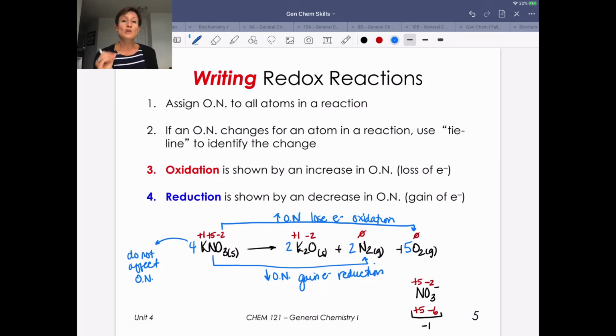Usually when you're identifying who's being oxidized or reduced, you're identifying a specific element. So if we wanted to answer questions here, we'd say that oxygen is being oxidized, which means it's the reducing agent, and then nitrogen is being reduced, which means it's the oxidizing agent. So a lot of terminology there, but using these redox reactions and these oxidation numbers is going to be a key skill to learn moving forward.